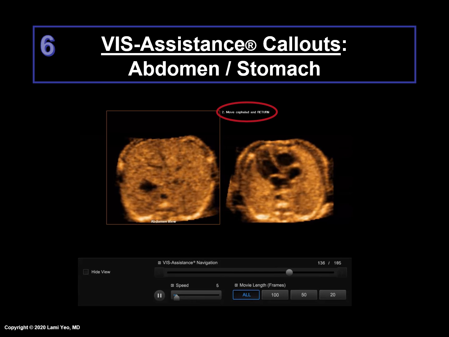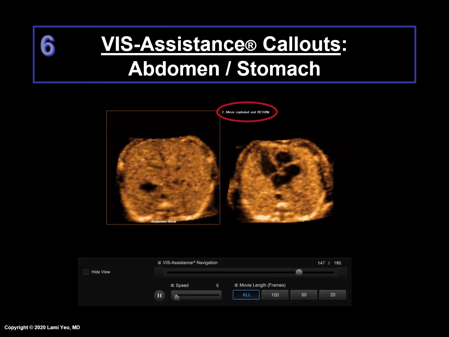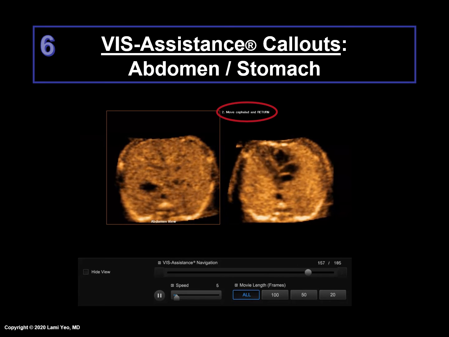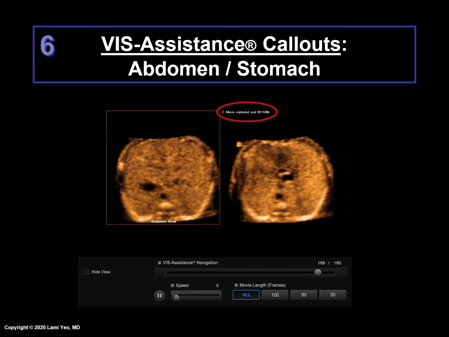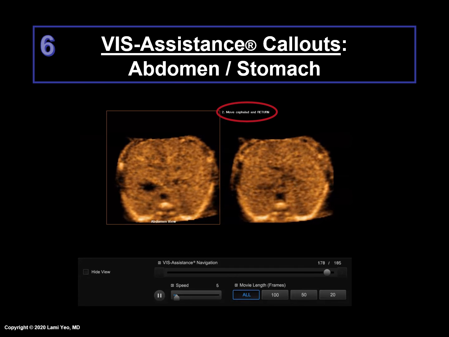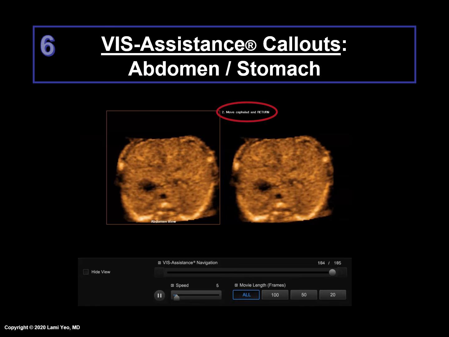The VISA navigational movements then return back to the original diagnostic plane. And here one can see that the VISA image is now identical to the diagnostic plane image.